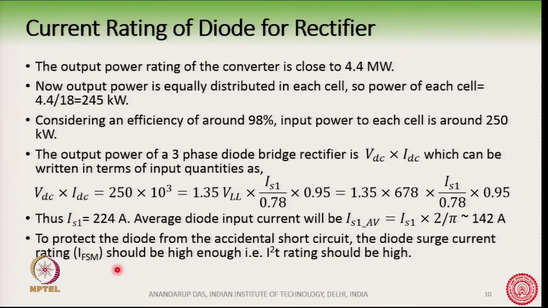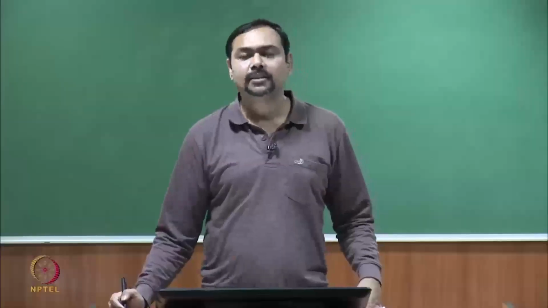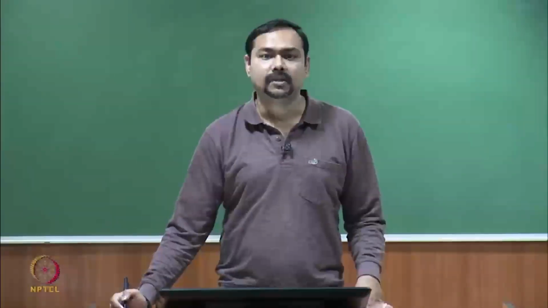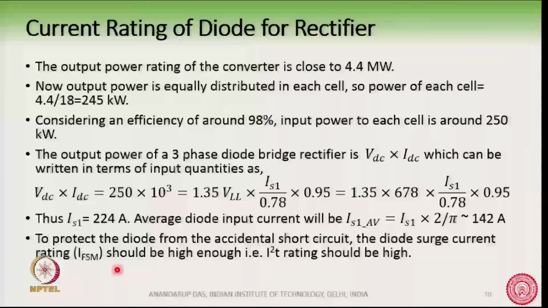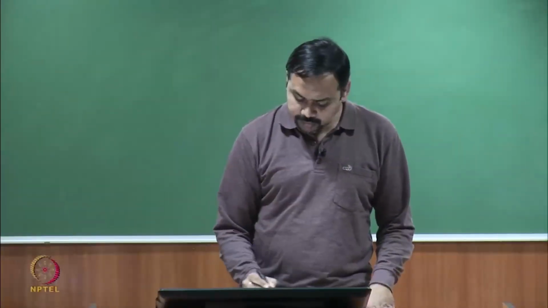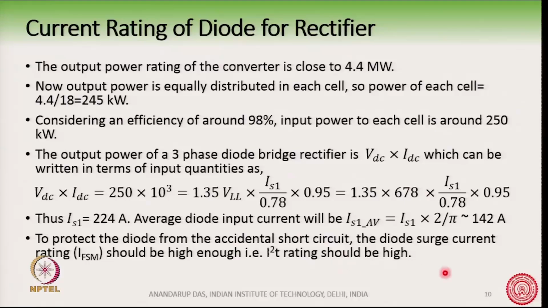Diodes and thyristors both have a very high surge current rating as compared to, for example, IGBTs. This favors the diodes, and rectifier class diodes are used frequently because they can sustain the short circuit current. Remember, you should also check the I square T rating.